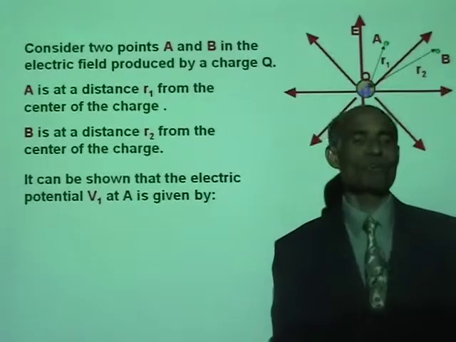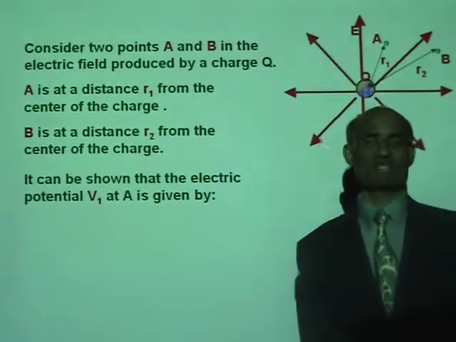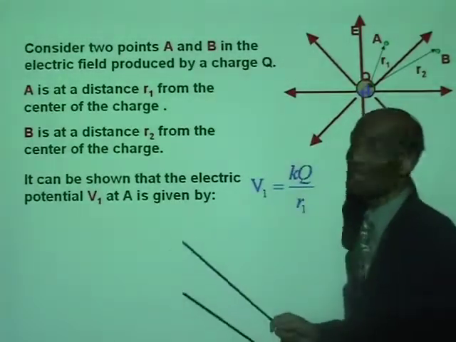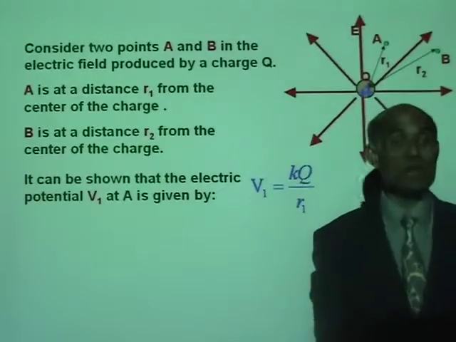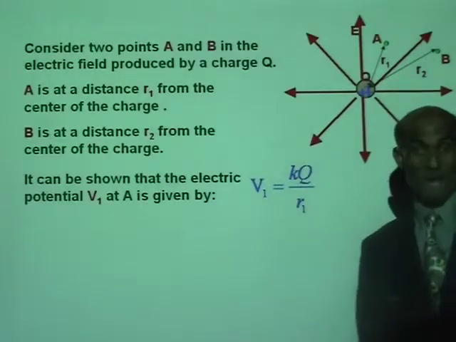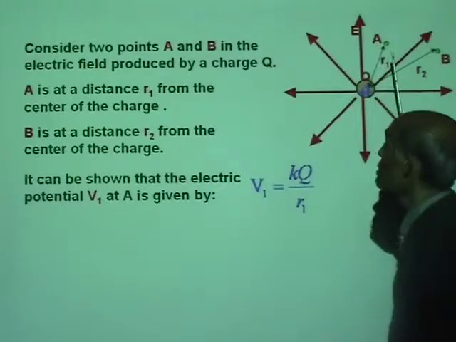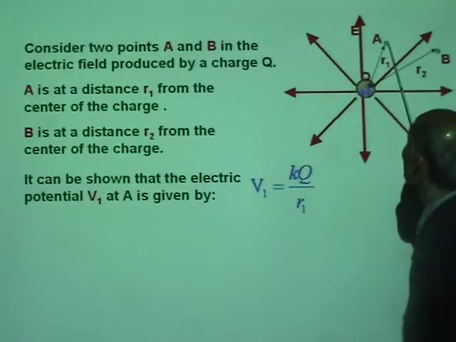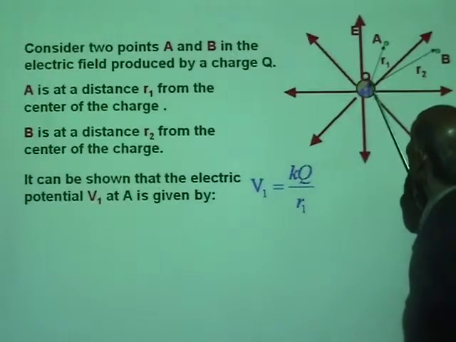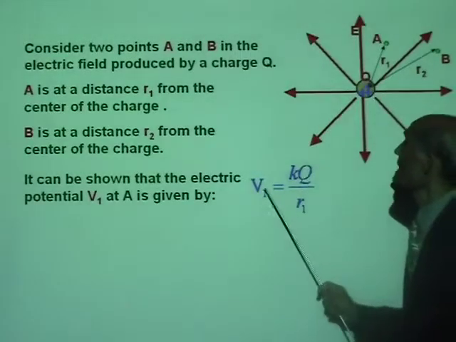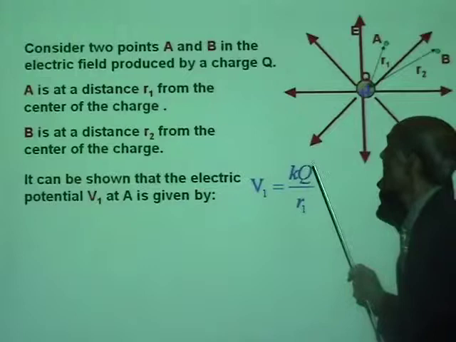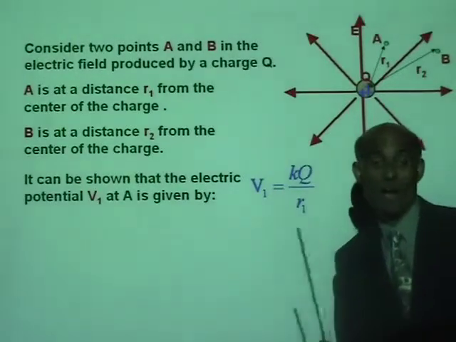deriving the equation for you, I am going to give you the equation. We can show, by proper mathematics, that the potential V1 at A, distance R1 from the charge Q, is V1 equal to KQ over R1.